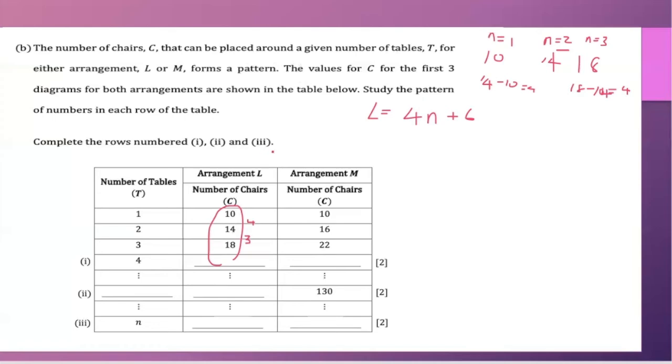And it's good to get the general pattern first. But if you don't want to get the general pattern as yet, but you see that it's going up by 4, you just add 4 to this. And 4 plus 18, that's 22. And we can look at what's the pattern for this. Or we can get the general expression.